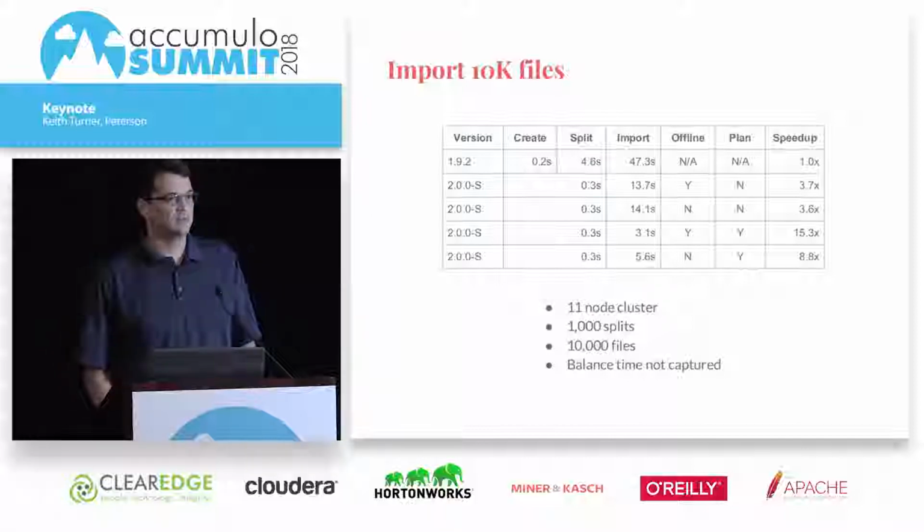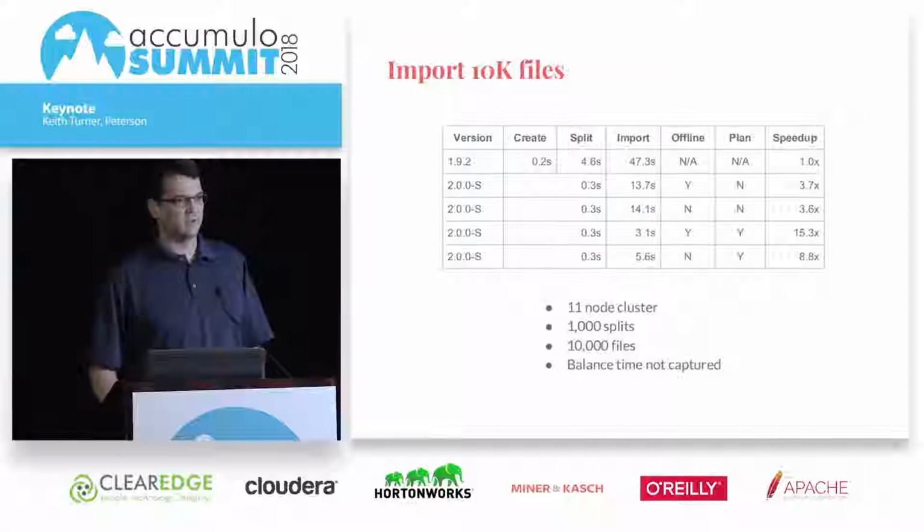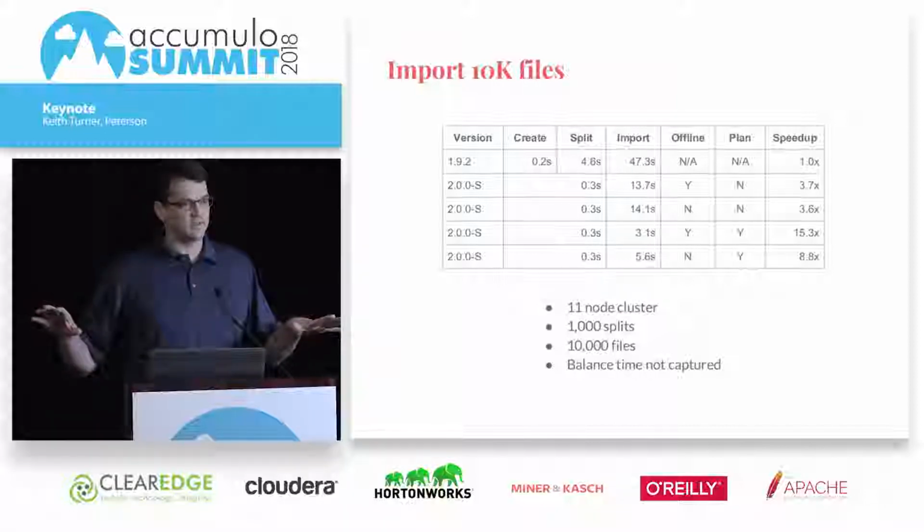Does 2.0 include a new balancer so that the tablets are distributed right away? I don't know if we've changed the default balancer. I mean, balancers are pluggable. But if you create a table with splits and then just bring it online, I think it should just evenly balance those immediately.